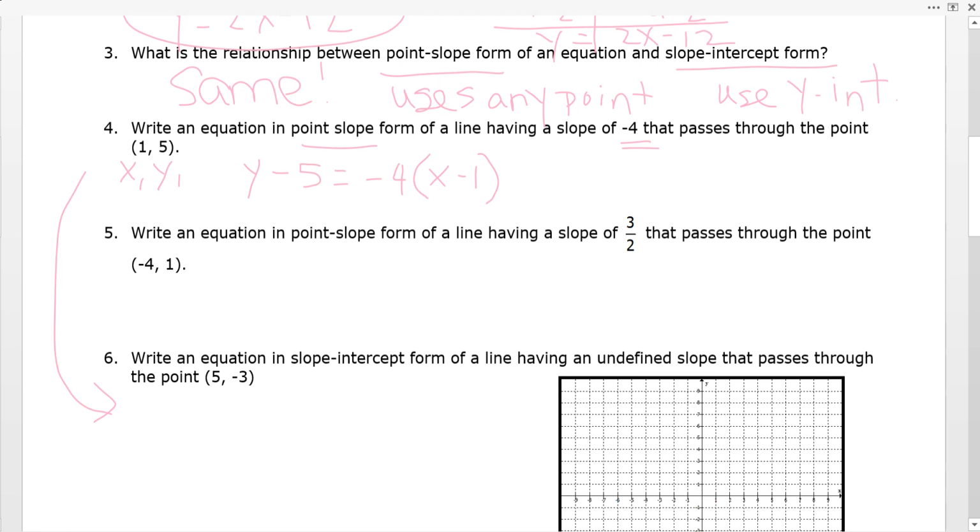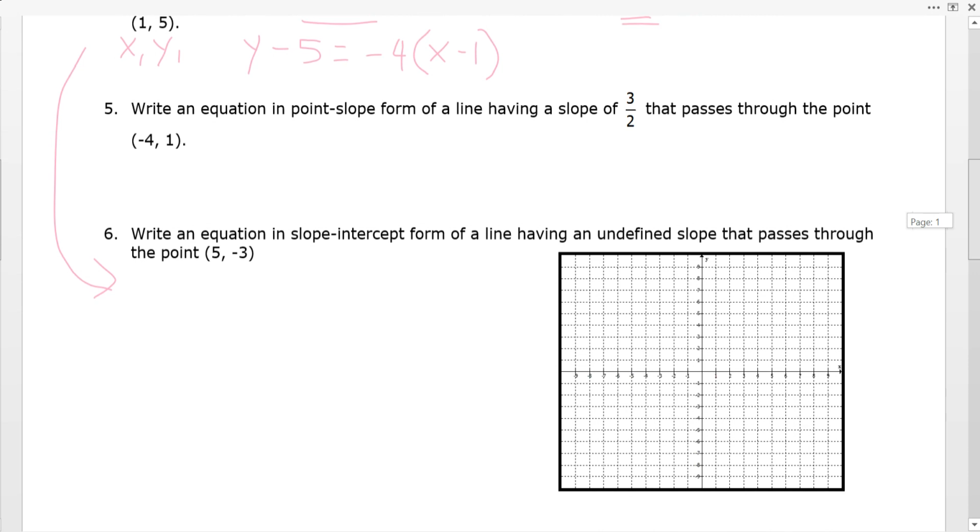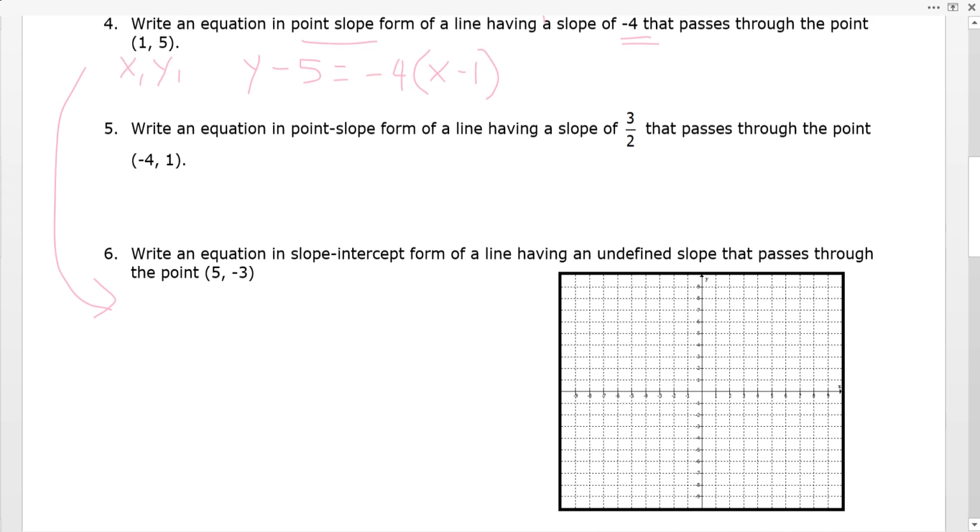If I graphed that point on this graph down here at the bottom, I was going to go ahead and use for number 6. If I go ahead and plot 1, 5, it's right here. And then if I know my slope is negative 4, I can go up 4 over 1. So I can go up 1, 2, 3, 4, and I end up with a point at 0, 9.